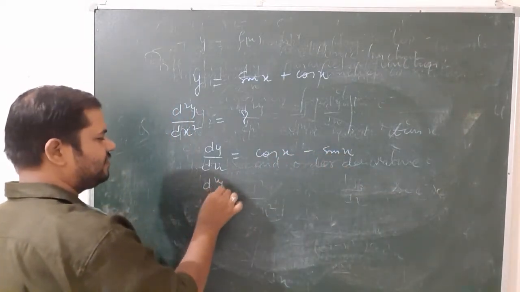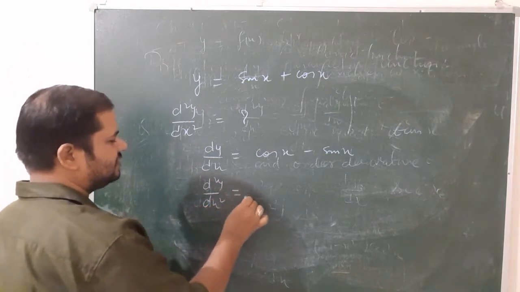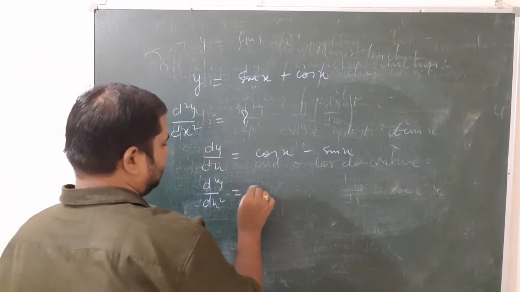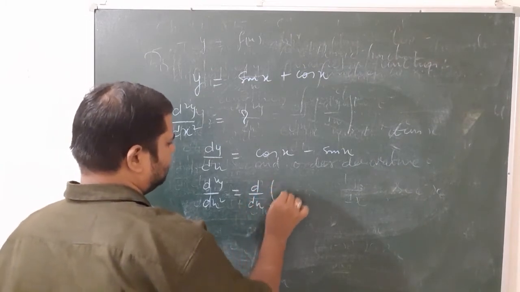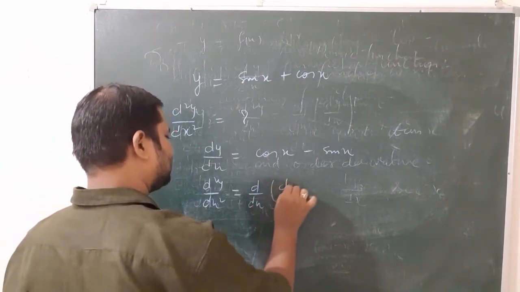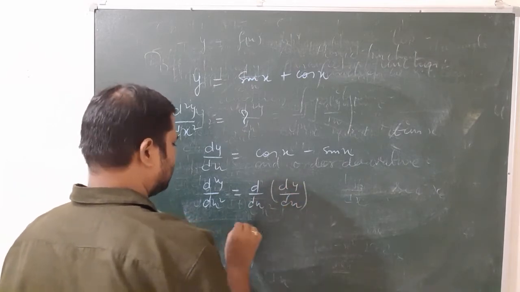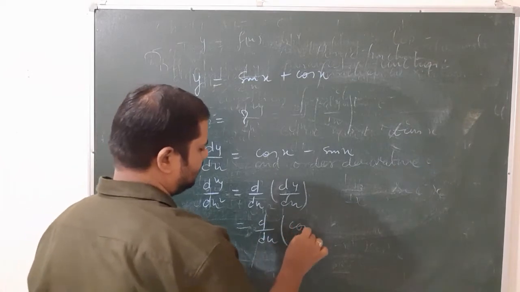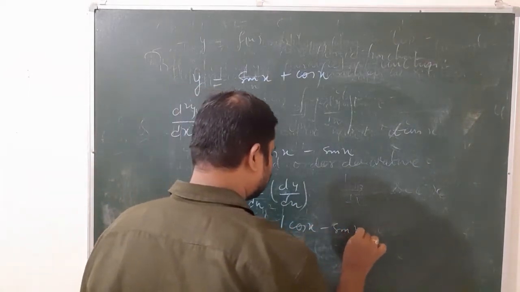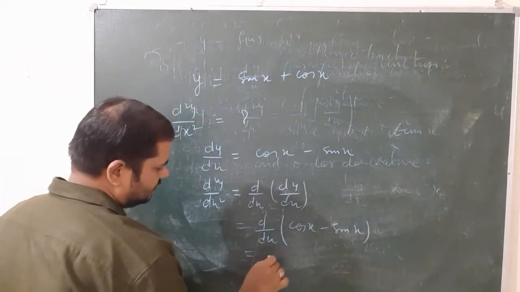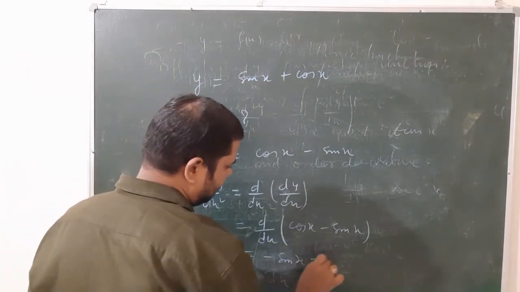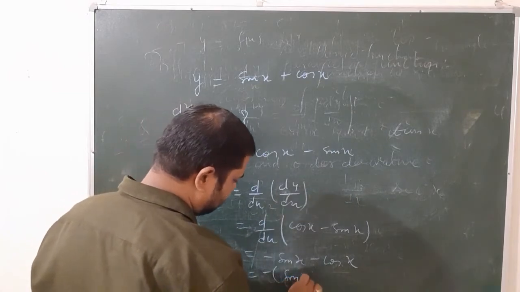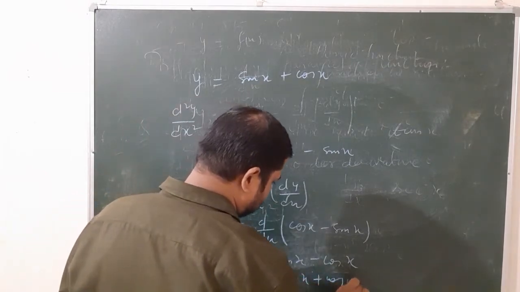And d2y over dx2 is nothing but dy by dx of dy by dx, which is dy by dx of cos x minus sin x. And this is minus sin x minus cos x, which is minus of sin x plus cos x.